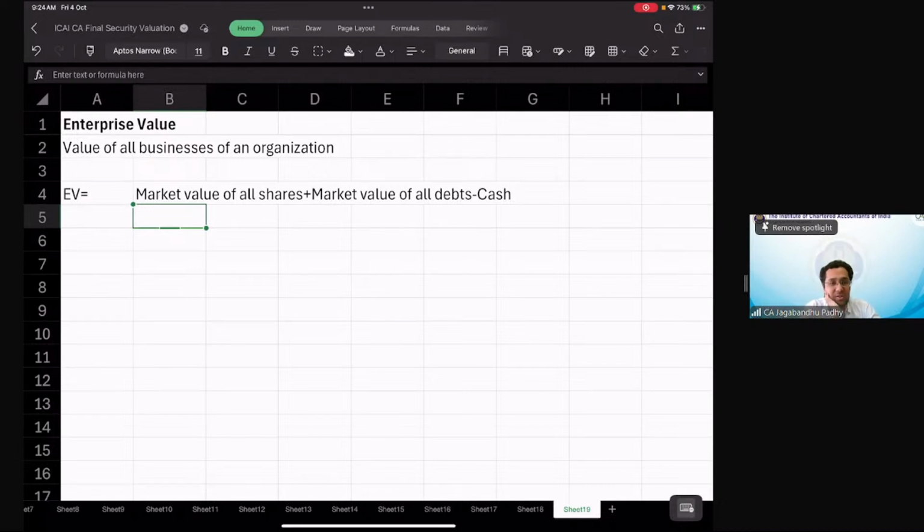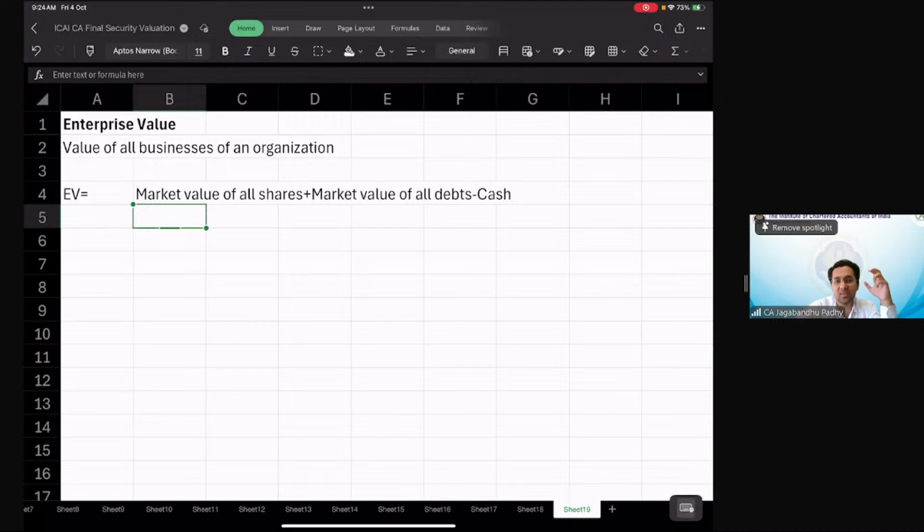Before that, it's not going to give you any sort of value. And therefore, when we are talking of enterprise value, we only need to subtract the cash component from it.